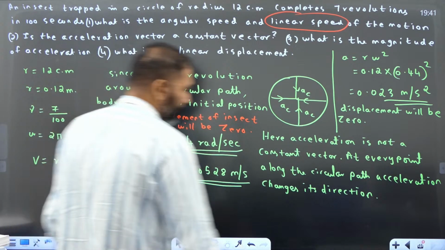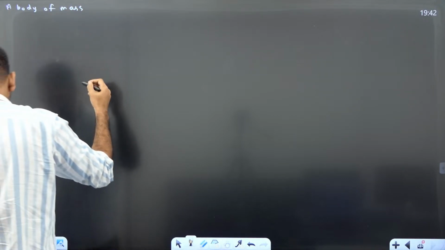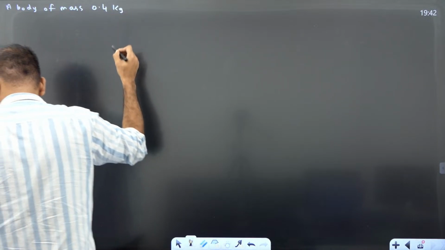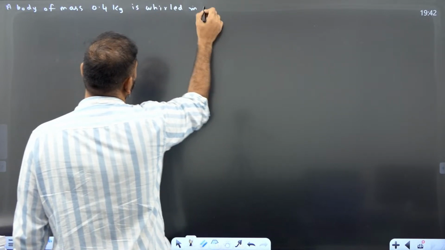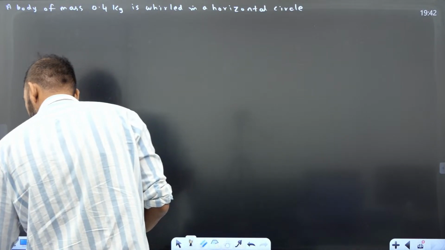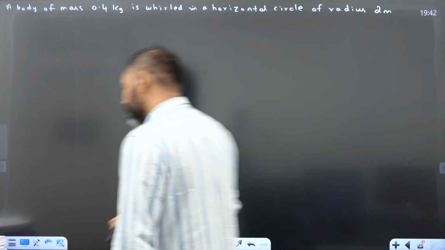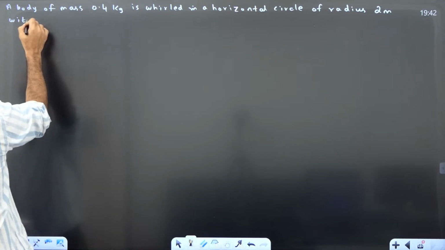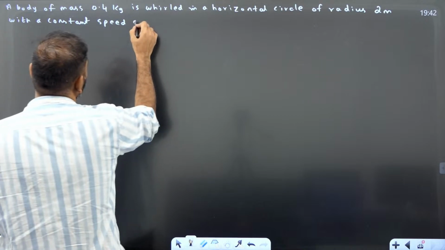After that, next question. A body of mass 0.4 kilogram is whirled in a horizontal circle of radius 2 meter with a constant speed of 10 meter per second.